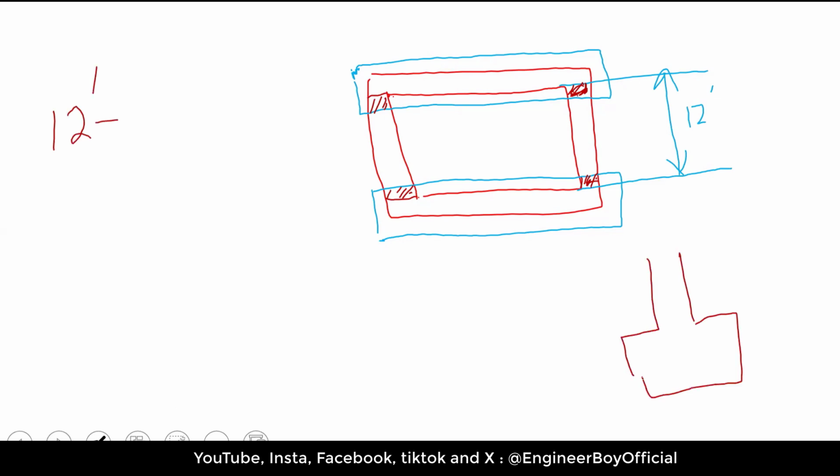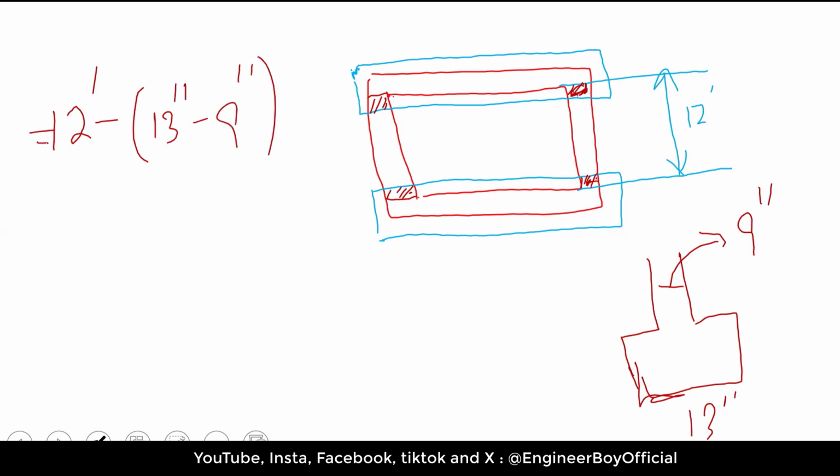If you remember, that was 13 inches, and the width of the wall was 9 inches. So we will subtract that 9 inches from 13 inches. Is it clear now? Yes, sir. So we have 12 minus that ratio.